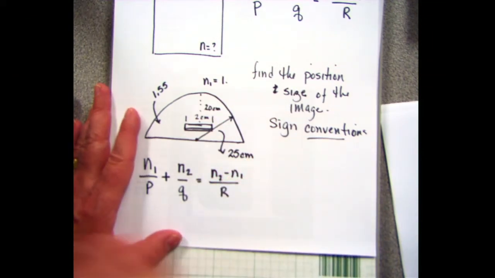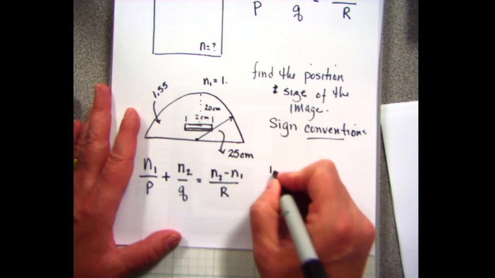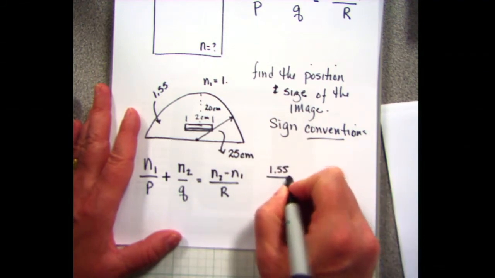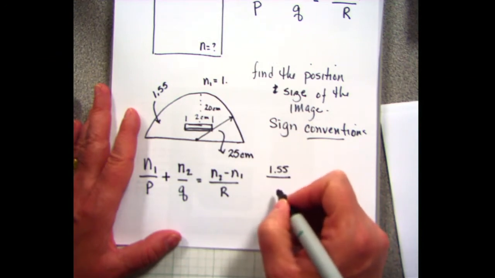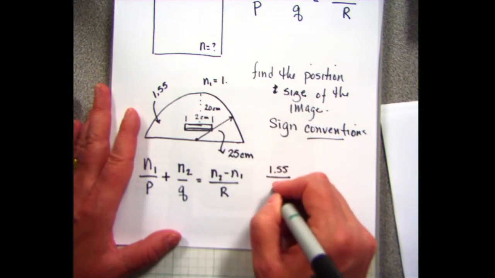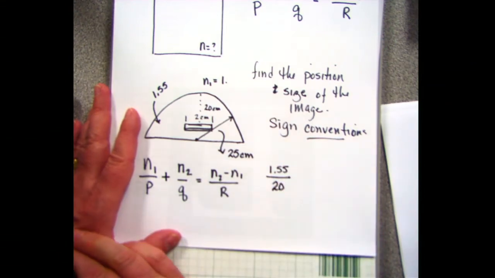All right, so I put in my numbers, it's 1.55 for my glass. When I do it this way, the sign convention says that this is positive. If you plug things in wrong and the sign comes out wrong, go back and double check your sign conventions.